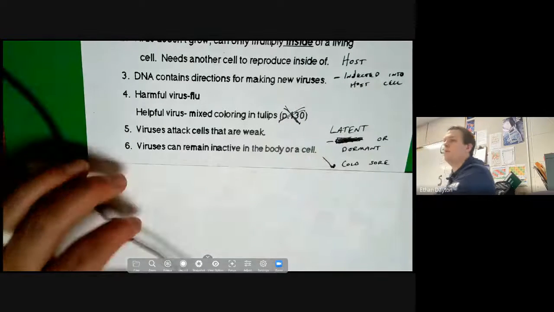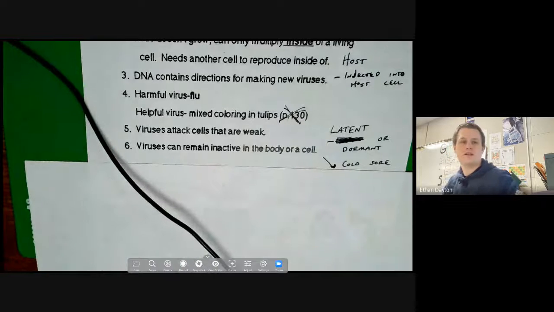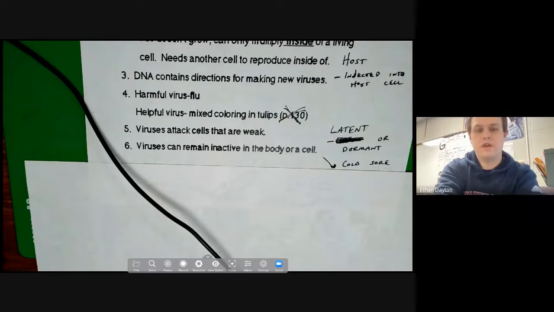We call that latent or dormant. The example that was given is the cold sore.